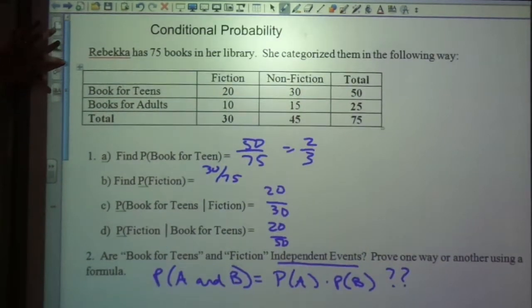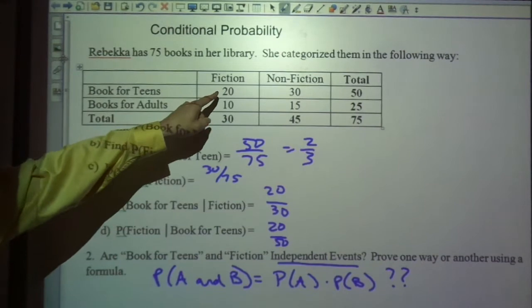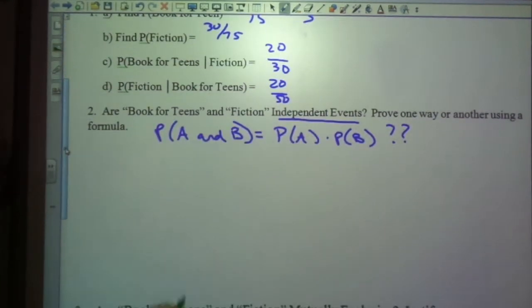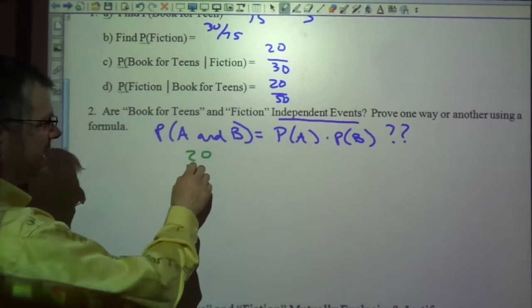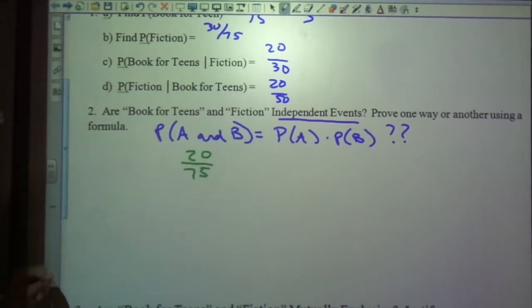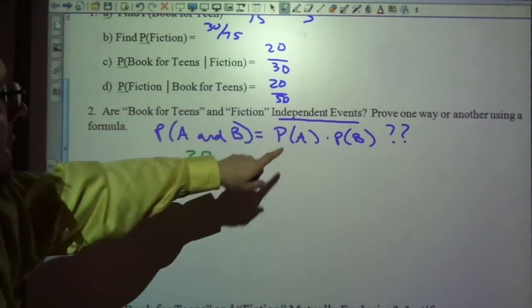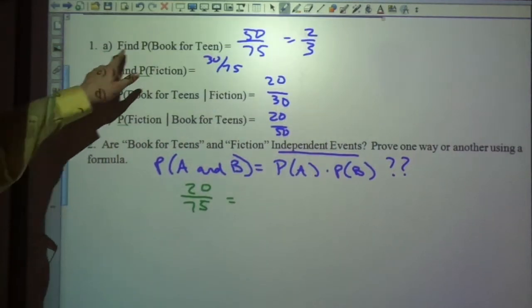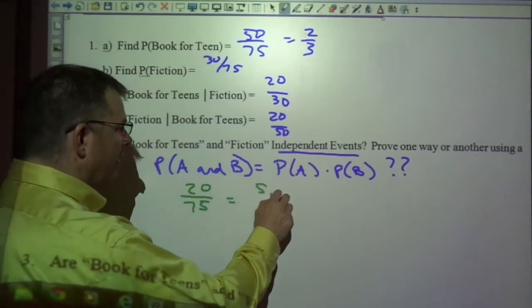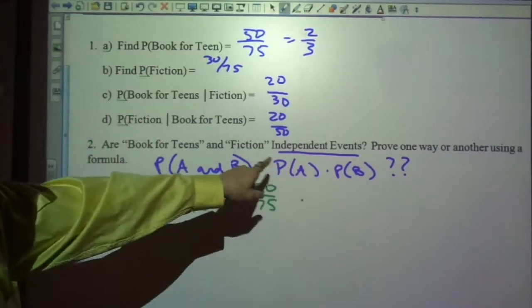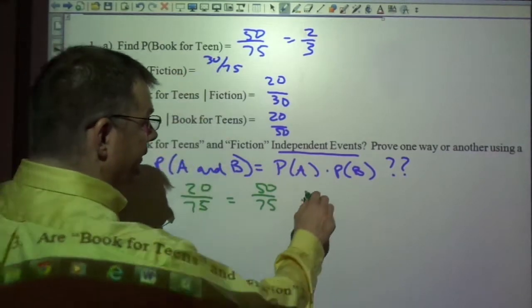How many books are teens and fiction? There are 20 out of the total. So the probability of grabbing one that is both teens and fiction is 20 out of 75. The probability of a book for teens, we already did that one, 50 out of 75. And fiction is 30 out of 75.